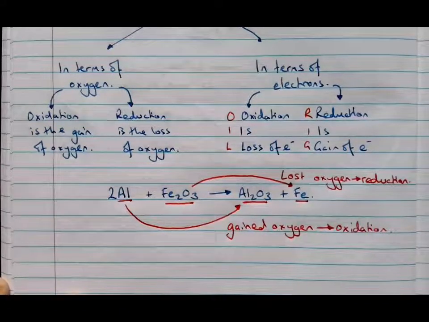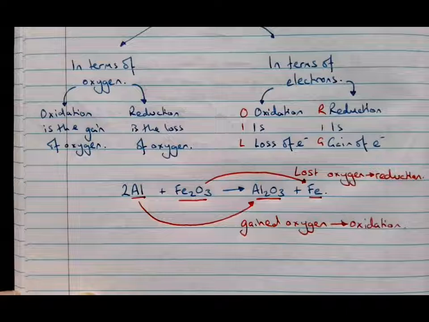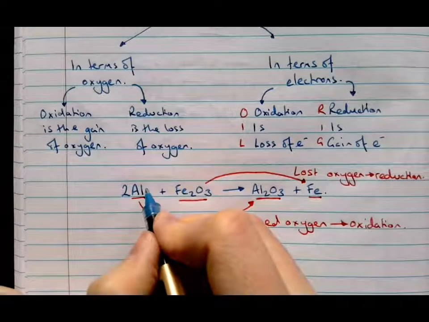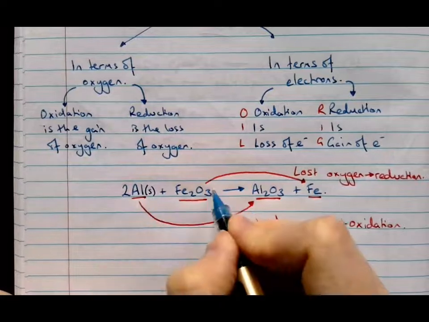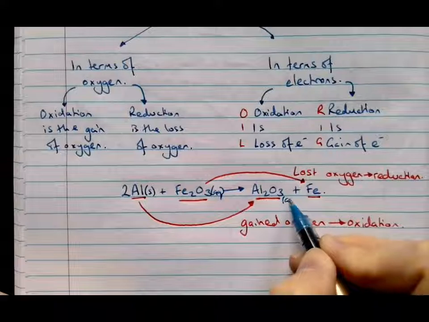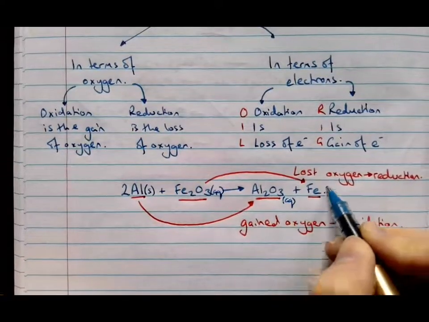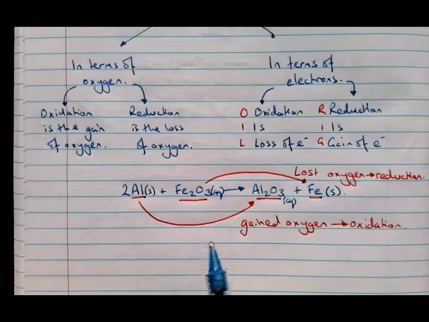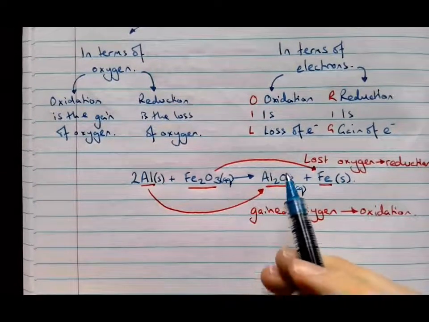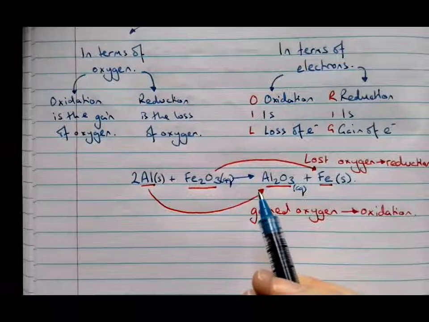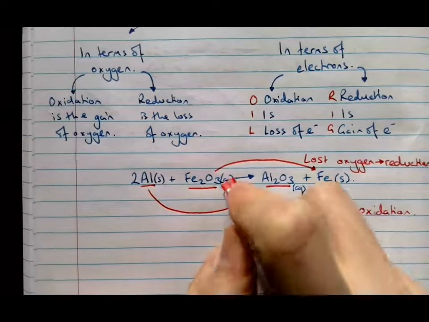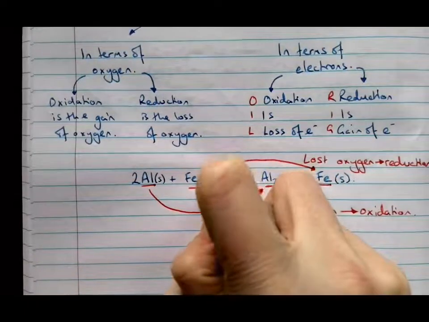Okay? Now, if we imagine this reaction happening where it's solid aluminium reacting with a solution of iron oxide, producing a solution of aluminium oxide and solid iron, we can now write out the ionic equation for this. Actually, this is the thermite reaction, so I'm wrong there.